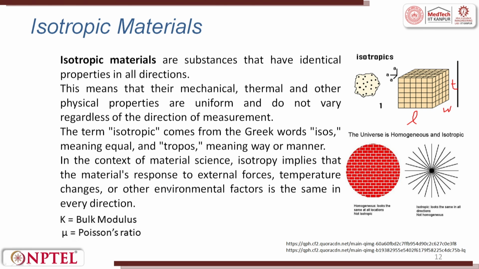The term isotropic comes from the Greek word iso, meaning equal. Tropos means way or manner. In this context of material science, isotropic implies that the material's response to external force, temperature change or other environmental factor is the same in every direction.